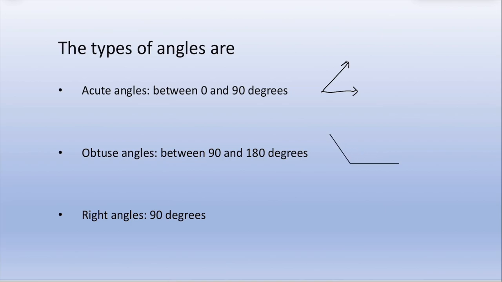Luckily, they will do it if I'm patient. So this is less than 90, this is more than 90. And then a right angle is exactly 90 degrees. We call that the right angle. So it makes a perfect L, perfectly level. So those are the three types: acute, obtuse, and 90.